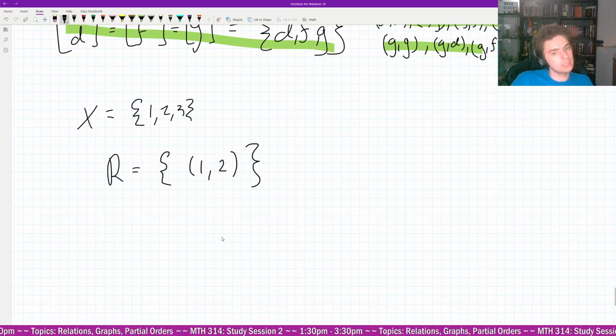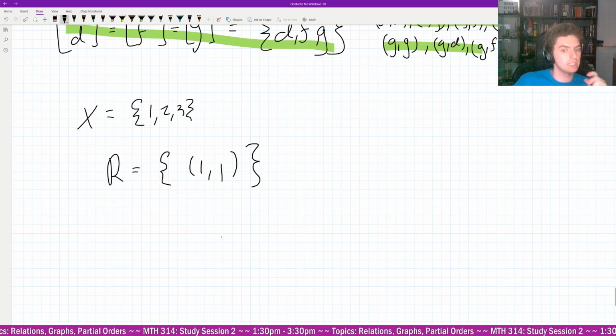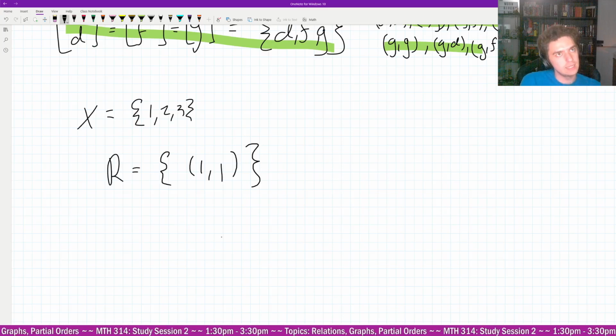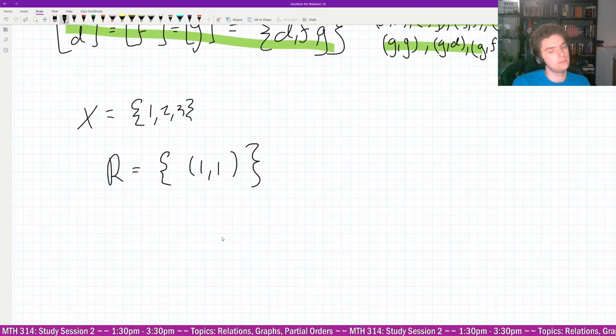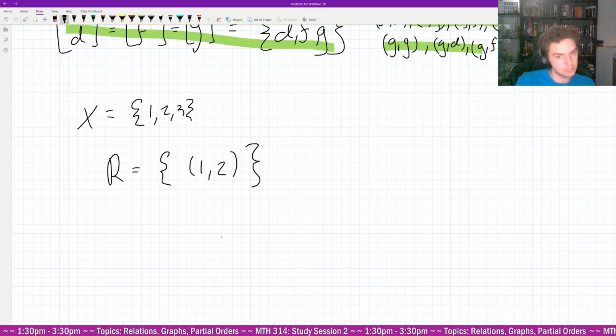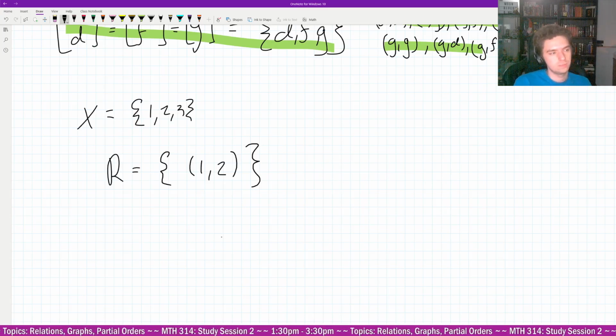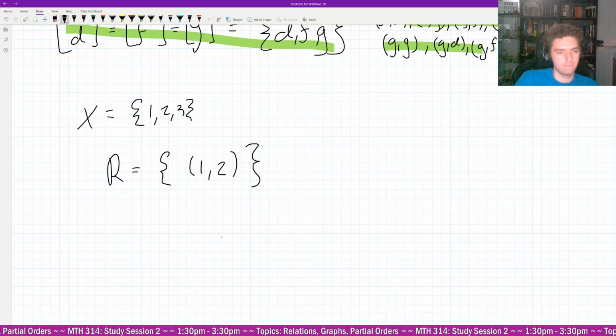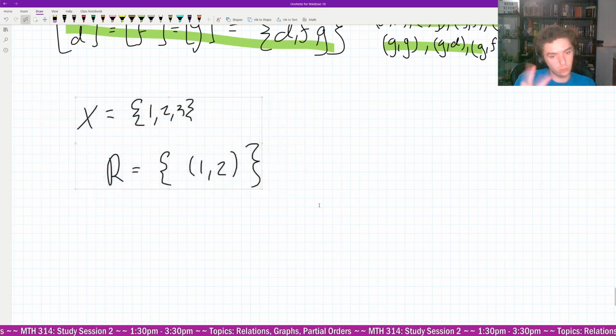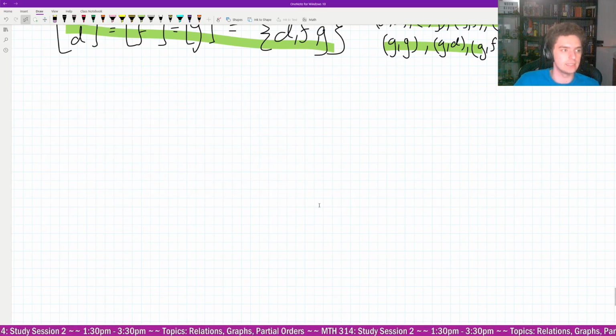We don't have (2, 1). Okay, let's say now if you had (1, 1), now this is reflexive, it is symmetric, and it is transitive. So this is an equivalence relation. Yep. But this other one is not an equivalence relation because it's not symmetric, it's not reflexive, and it is transitive, but it's not the other two. Does that answer your question? Yeah, okay. So if it's like (1, 1), (2, 2), (3, 3), something like that, then that is an equivalence relation.